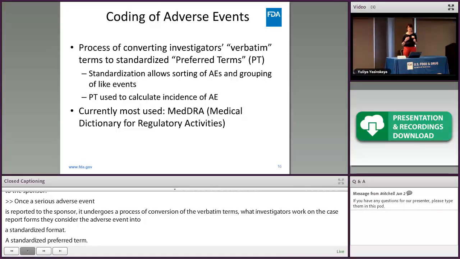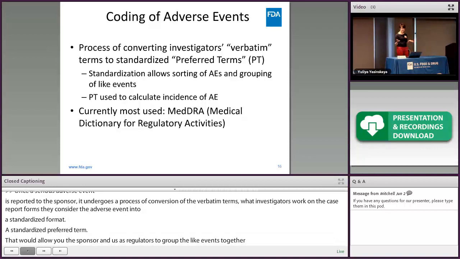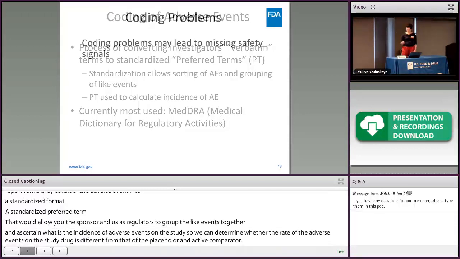So we can determine whether the rate of the adverse events on the study drug is different from that of the placebo or an active comparator. Currently the most commonly used dictionary is the MedDRA dictionary. It's the Medical Dictionary for Regulatory Activities.